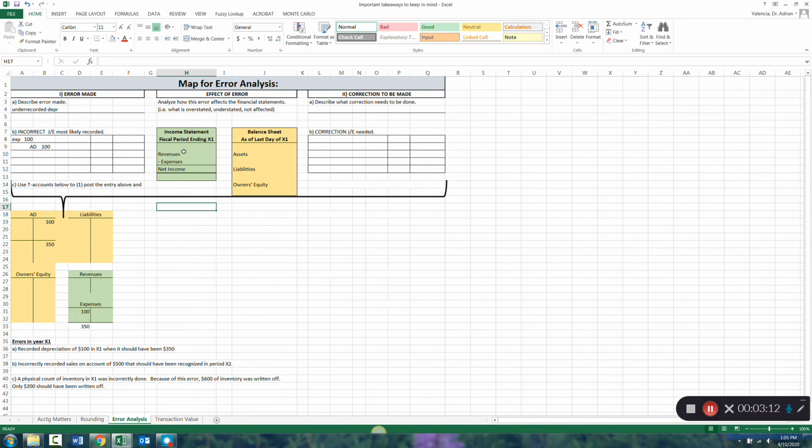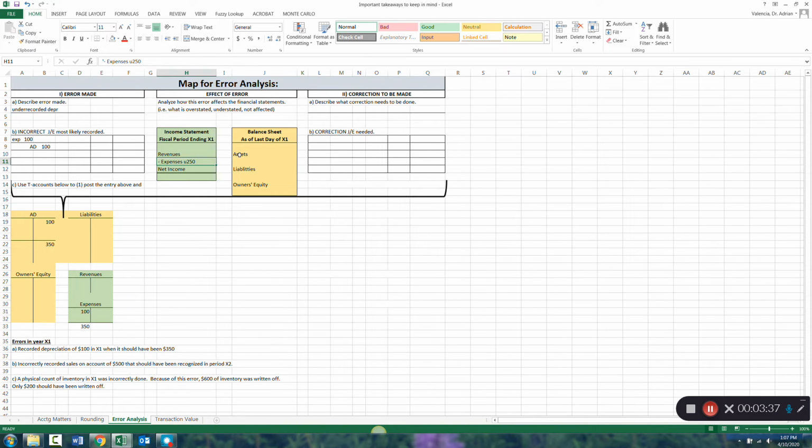So how does that naturally affect our income statement? Well, expenses are going to be understated, right, by $250. And then the other side of it is that the accumulated depreciation is supposed to reduce assets, and we should have reduced assets by $350, but we did not.